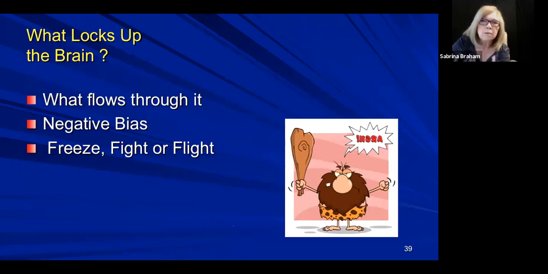Is the flood coming? What's happening that could cause me a problem? So we have a negative bias. And that means that we tend to think negatively a lot. And what it does is it's that freeze, fight, or flight. You know, we're always kind of in defensive mode in our just natural state.